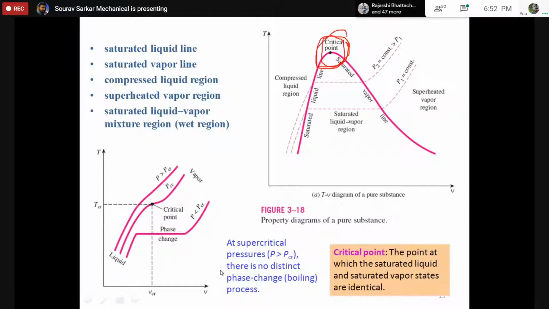Above this point, there is no kind of phase change. Before that, there is a phase change process. So whatever boiling point they have mentioned, this is the last temperature. Up to that, you can achieve boiling. If you go more than that, you will never see boiling for water.